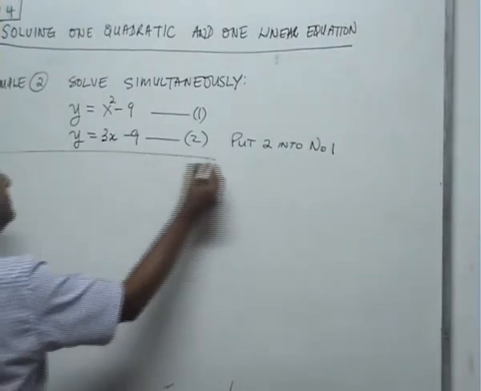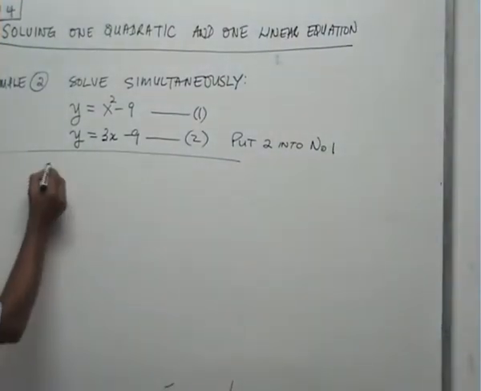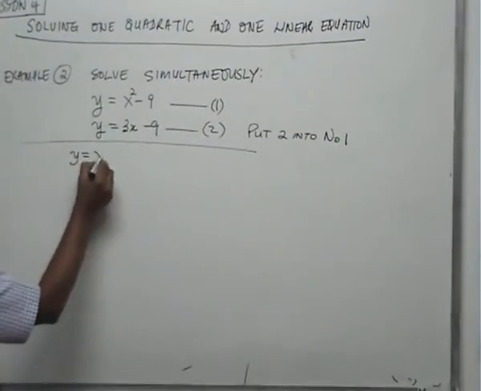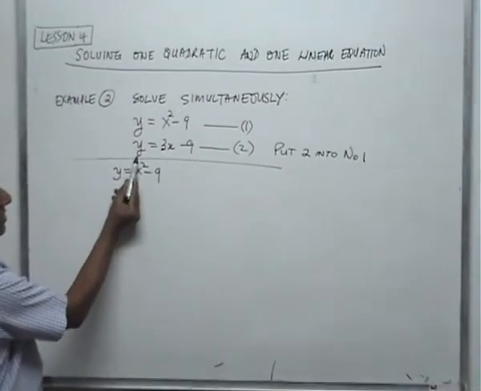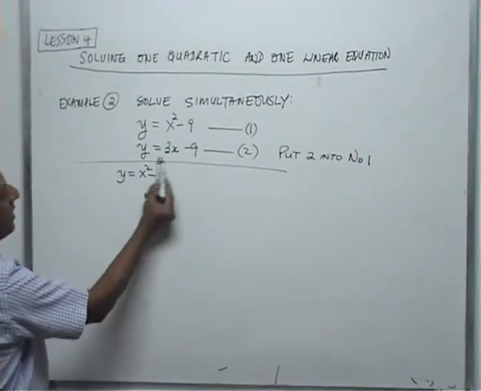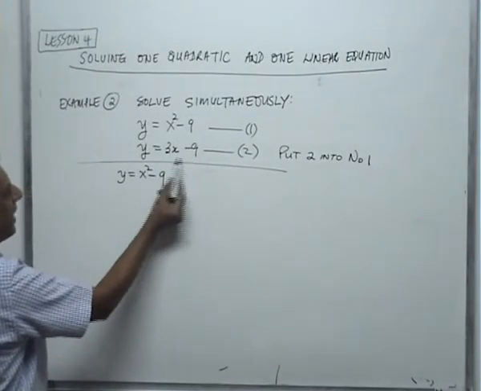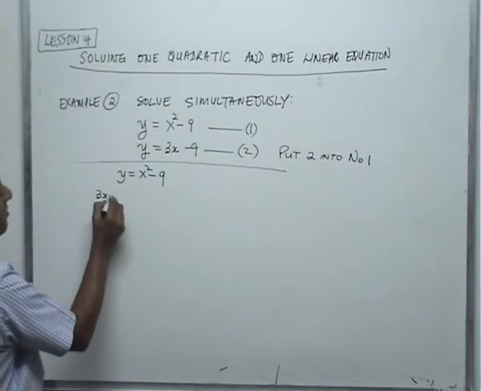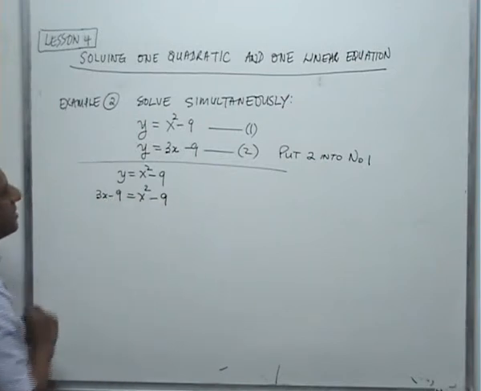So just draw a little line there to separate the work. So y is equal to x squared minus 9. But you can see that y is equal to 3x minus 9. That means where there is y, you can write 3x minus 9. So 3x minus 9 is equal to x squared minus 9.